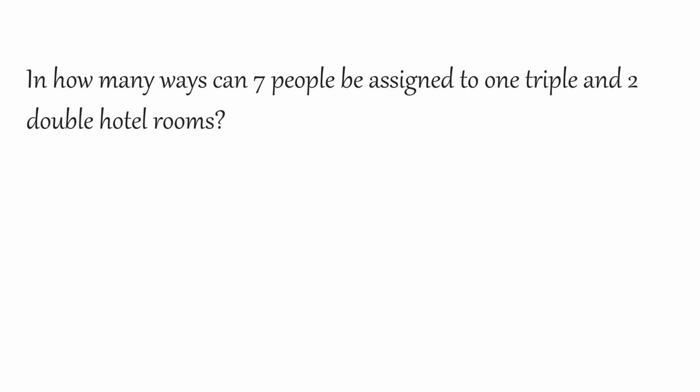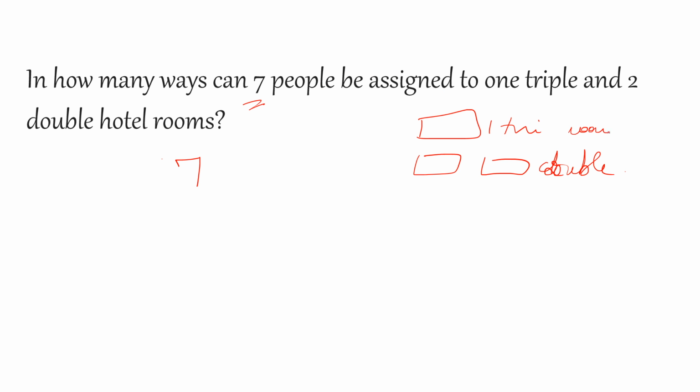In how many ways can 7 people be assigned to 1 triple and 2 double hotel rooms? So there are 7 people. We have 1 triple room and 2 double rooms. 7 people have to be accommodated in this.